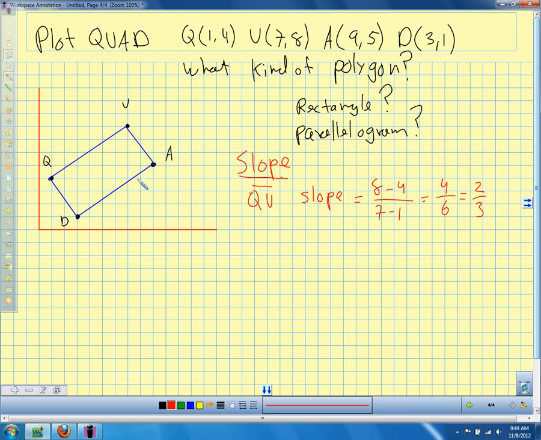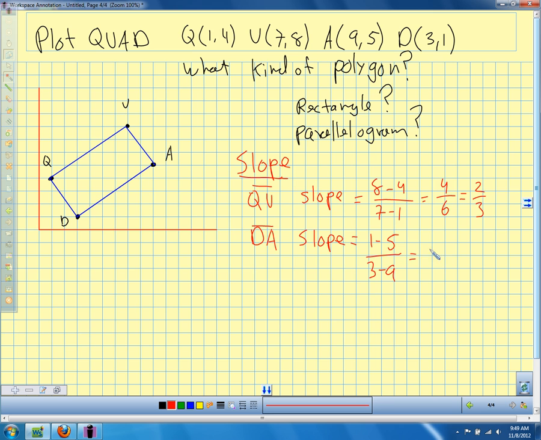Let's look at the slope of DA and see if they're parallel. So here's D and here's A. So y2 minus y1 for DA is 1 minus 5, over 3 minus 9.